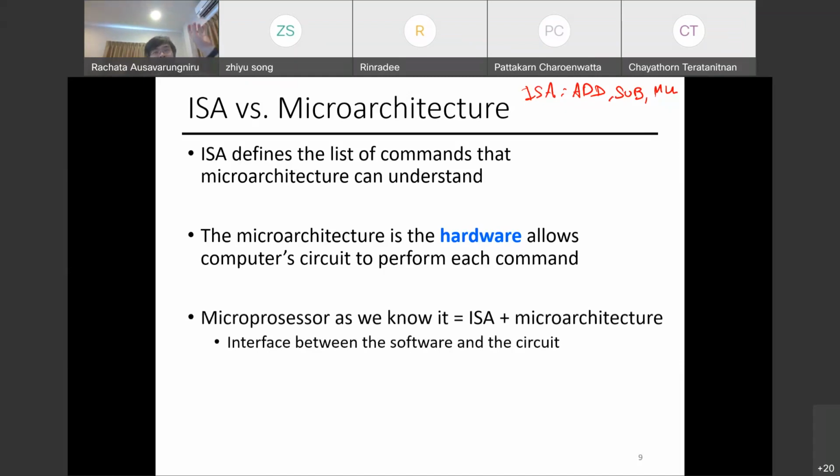ISA will tell you you can use these commands. Microarchitecture implements those commands in a way that hopefully is the fastest possible or most cost effective or uses the least amount of energy or whatsoever, right? Microarchitecture is the hardware implementation of your ISA. All right, any questions so far?